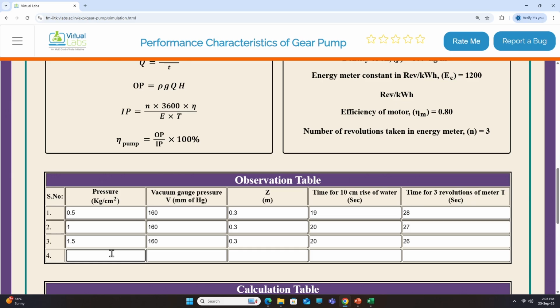So here it is 2 kilograms per centimeter square, here it is 160 millimeters of mercury, Z stays as 0.3, this time is 21 seconds and for 3 revolutions also the time is 21 seconds.